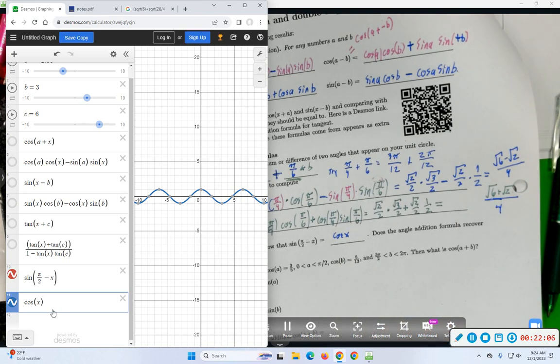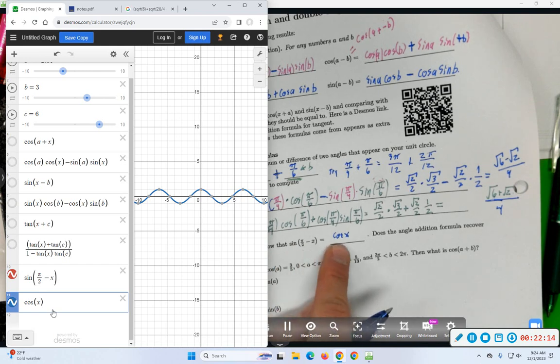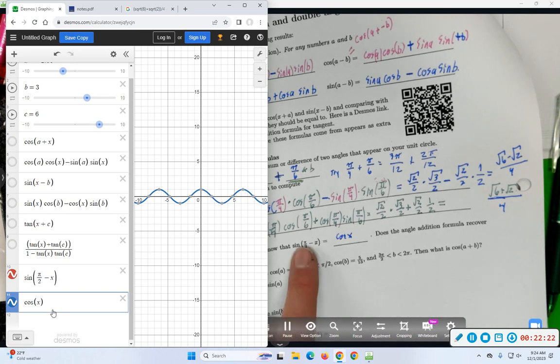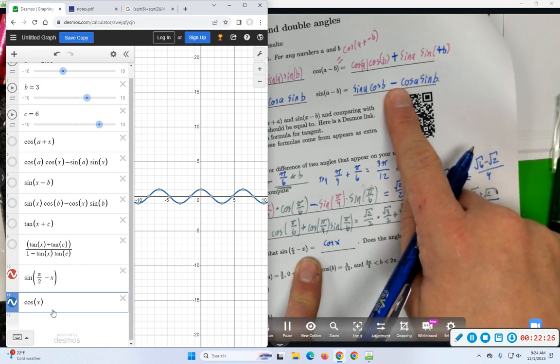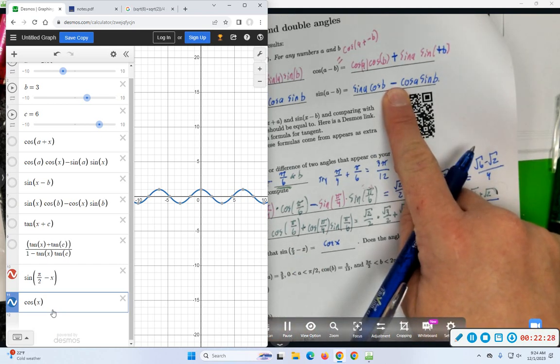Let's see if angle addition agrees with this. Because this says that sine of an angle minus an angle is equal to cosine of x. That looks like something we could just use angle subtraction to also check. Yeah, let's do it. So I'll use pi over 2 as A, x as B, and the angle subtraction formula for sine.